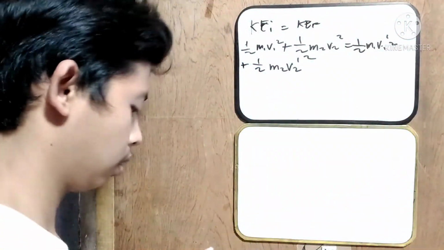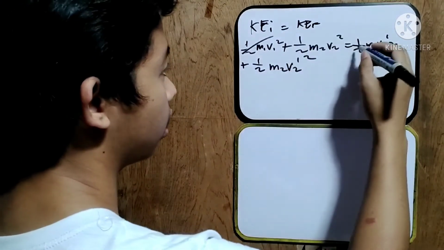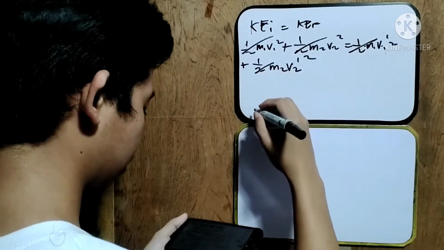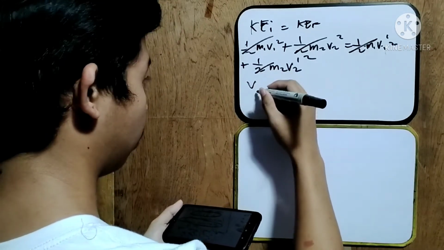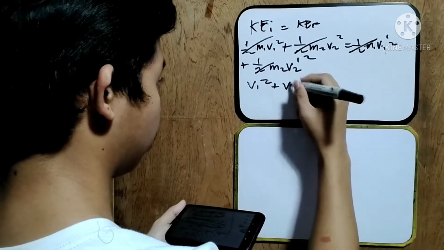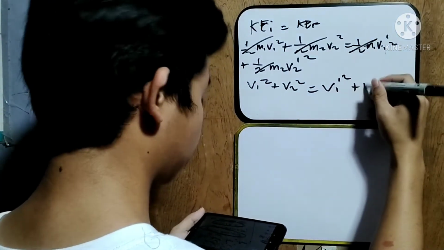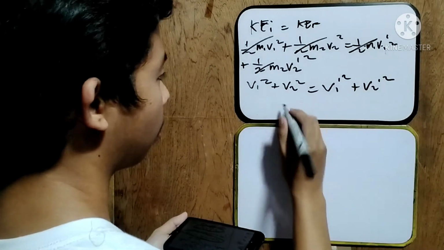Ayan. So, kakancel natin lahat ng mass. So, ang matitira na lang dyan ay velocity 1 squared plus velocity 2 squared is equal to velocity 1 prime squared plus velocity 2 prime squared.